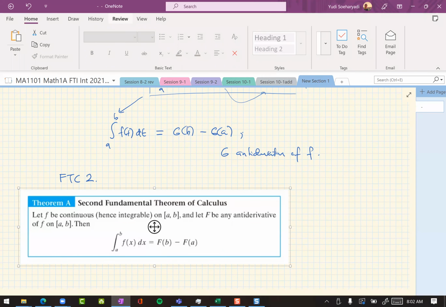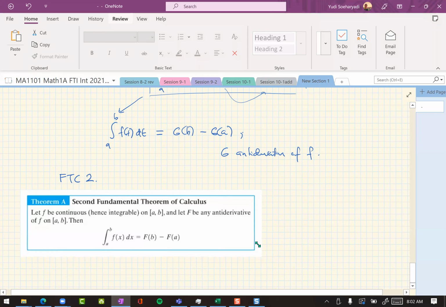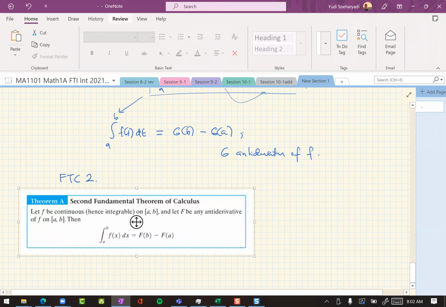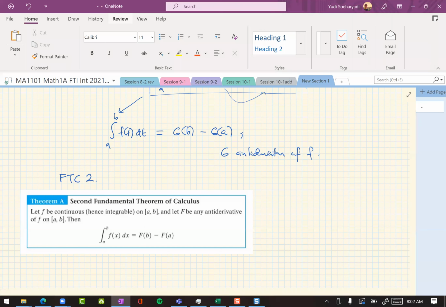Okay, so this is the calculus. This is the thing that you know even from high school, how to compute a definite integral. Okay, you find the antiderivative. Here you use G, use F, it doesn't matter.